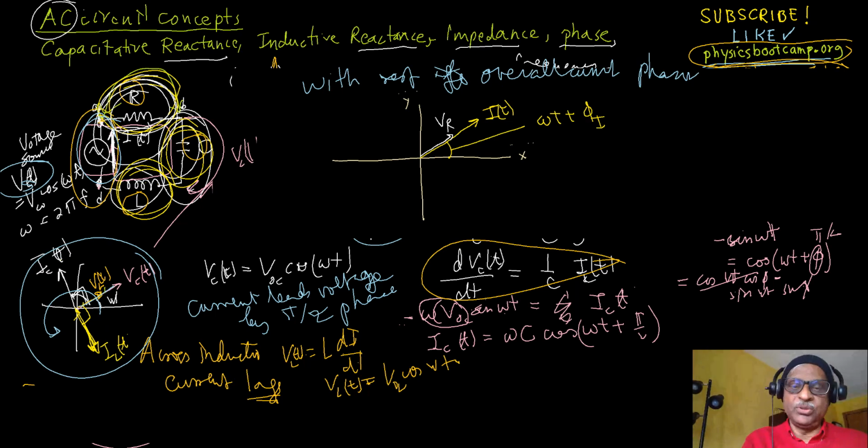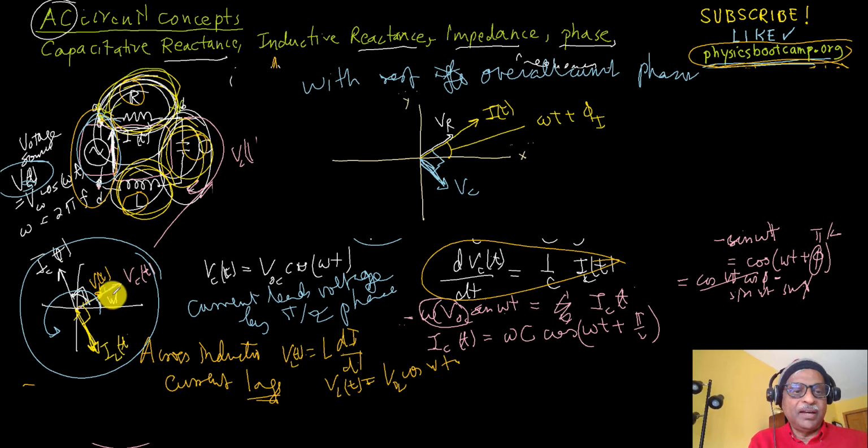Okay, so over here we saw that when it came to the capacitor, the current was leading. So if the current is here, then the voltage across the capacitor will be 90 degrees behind it, just like over here.